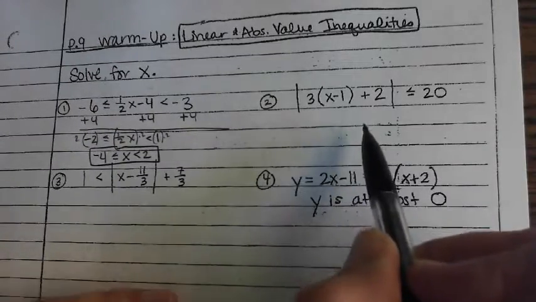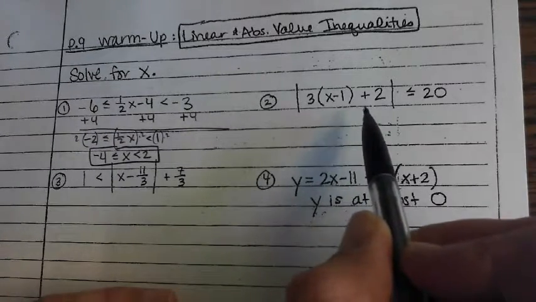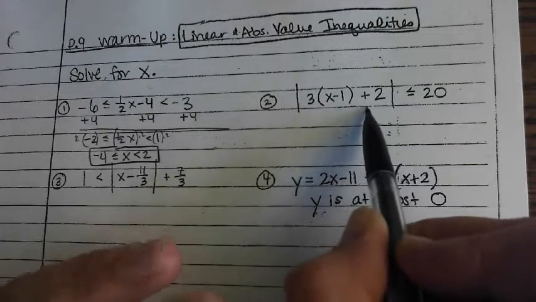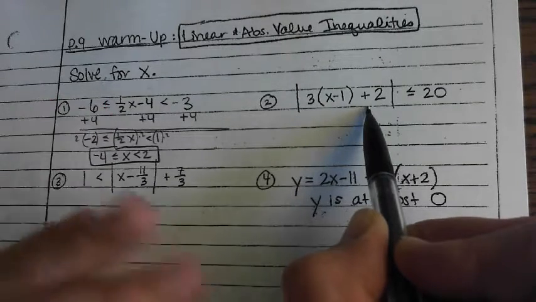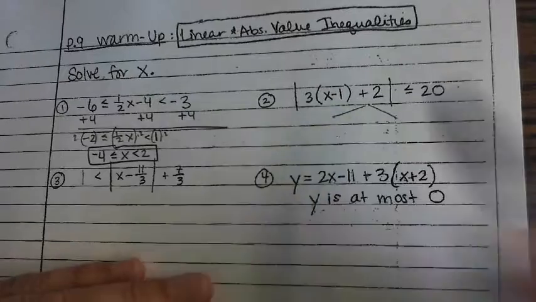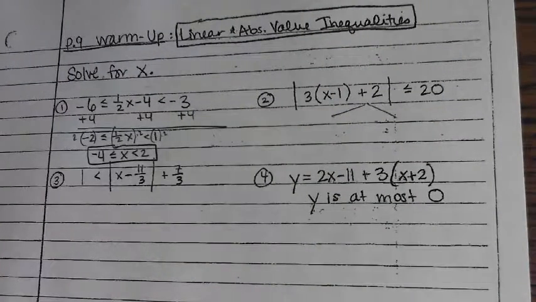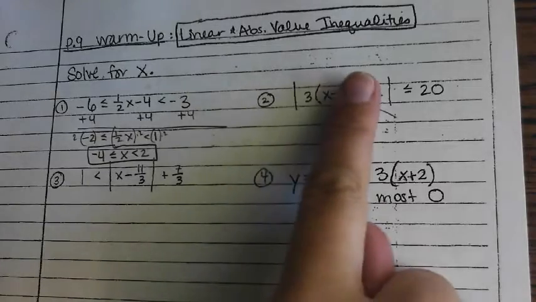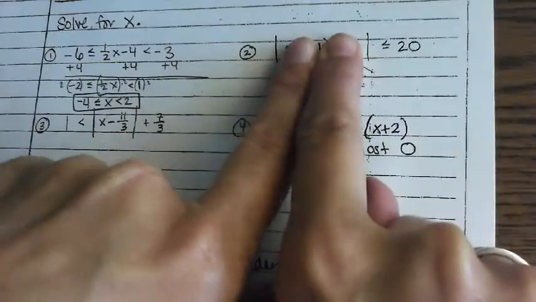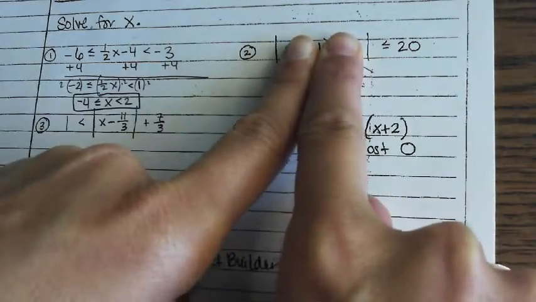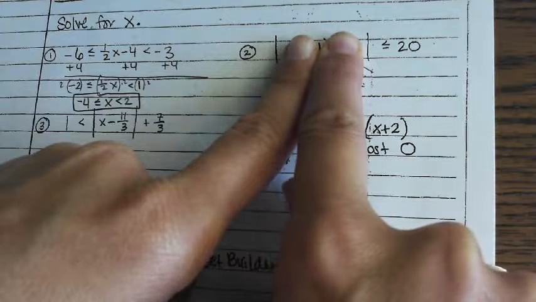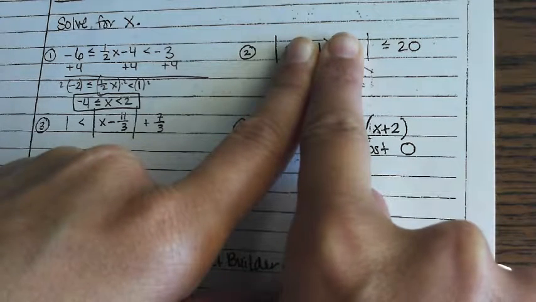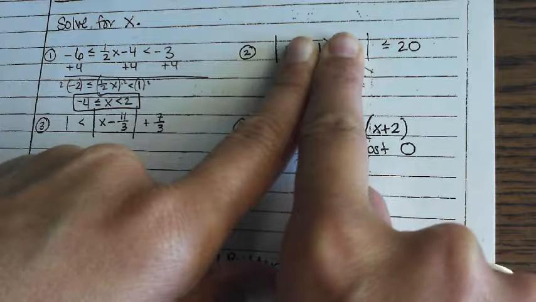So in an inequality, this is going to be similar to equations in that there's going to be a branching event that happens. But let's think logically about this, sort of like we did the other day. If I cover up what's in those absolute value signs, what kinds of numbers would make this statement true?